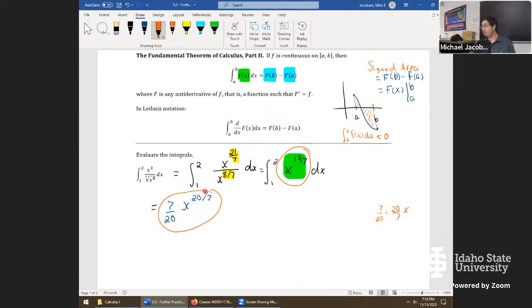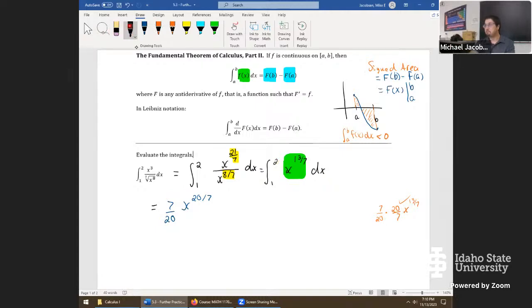We subtract 7/7 from that thing, so now it's 13/7. At this stage, I'd be convinced. All those constants are canceling off. That's why we multiplied by the reciprocal of the exponent, to make it work out. And we're right back to x to the power 13/7.